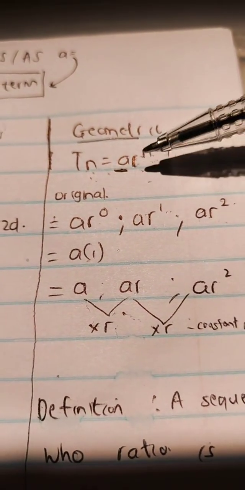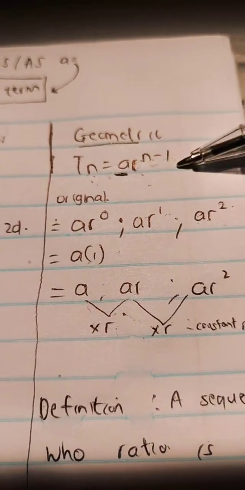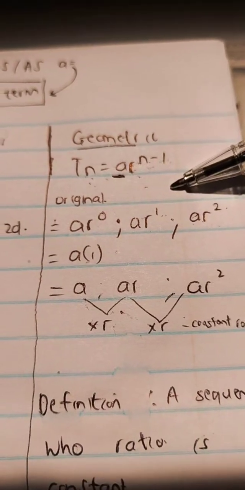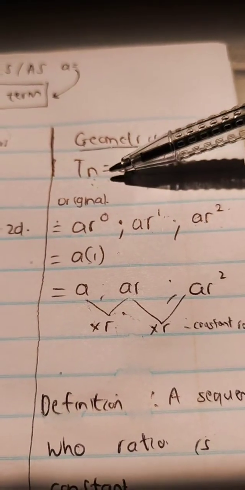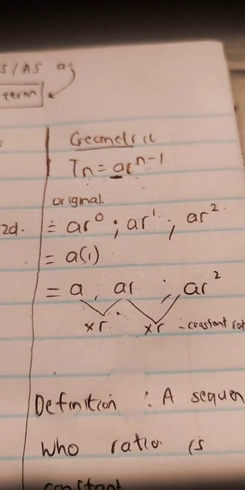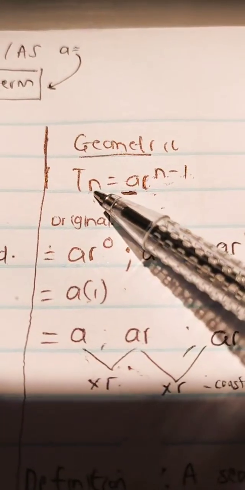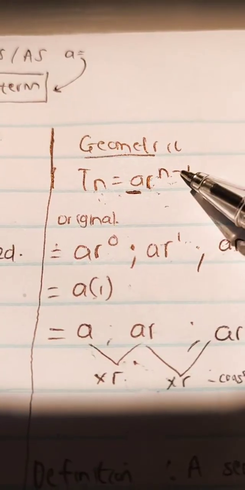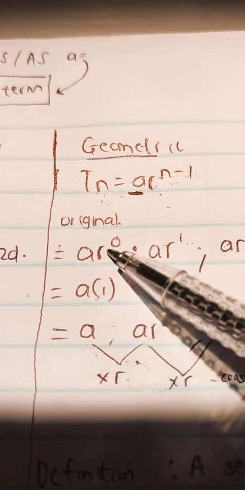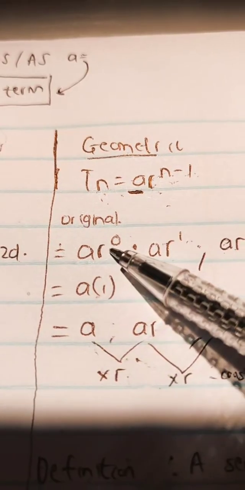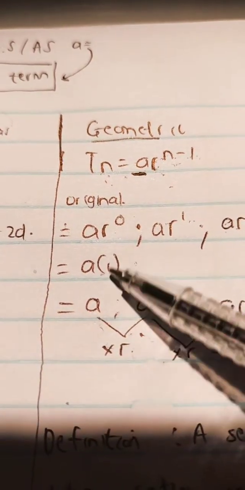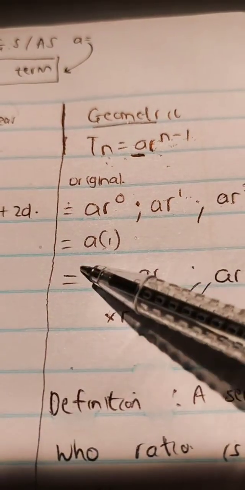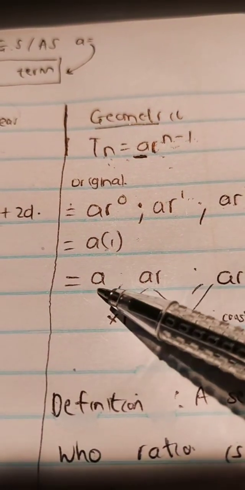You can generate the terms by simply substituting in the place of n. Remember, n means position. If you are saying T1, substitute 1 here. 1 minus 1 gives you 0, so you get AR to the power 0, which is your first term. But R to the power 0 gives you 1, so A times 1 is A. That's your first term.